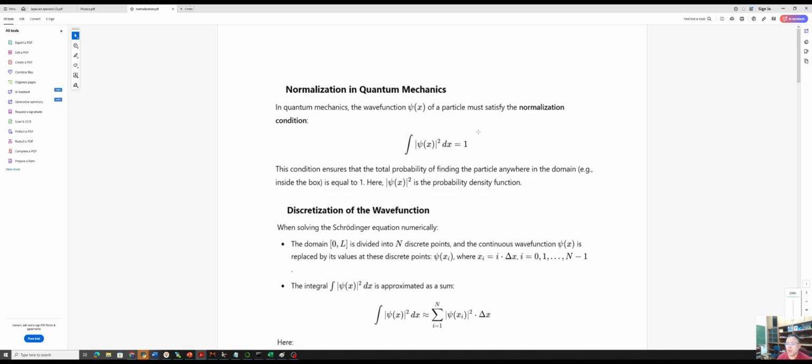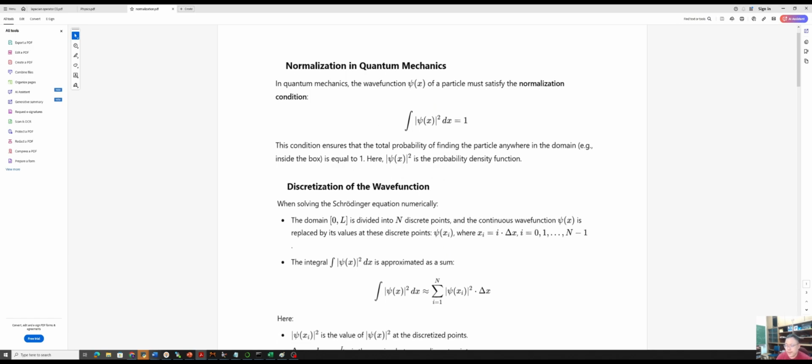As you know, in quantum mechanics, all wave functions need to be normalized to 1. And now we discretize the space into n points.